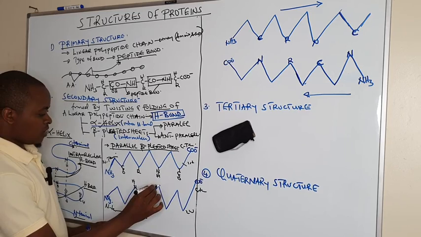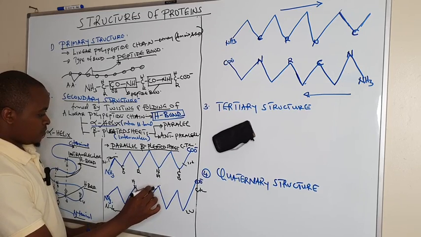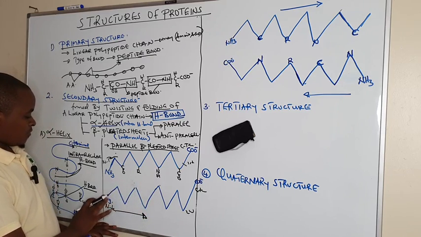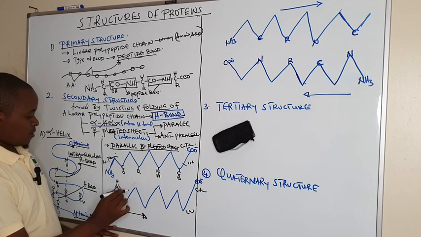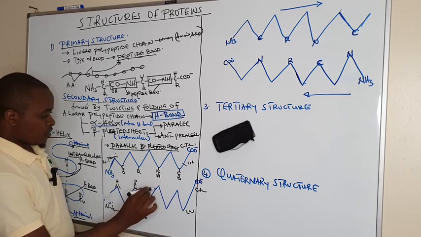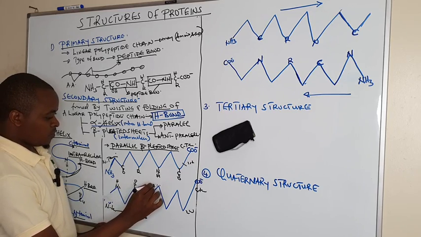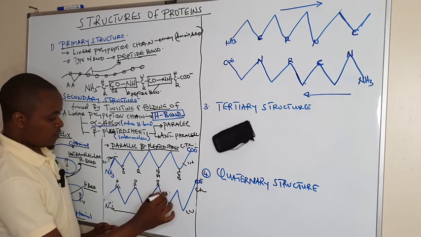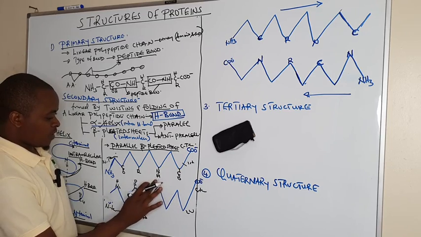Then here we're going to have the amine here. Then we have the carboxyl here. We're going to have the amine here. Here we shall have the R group.